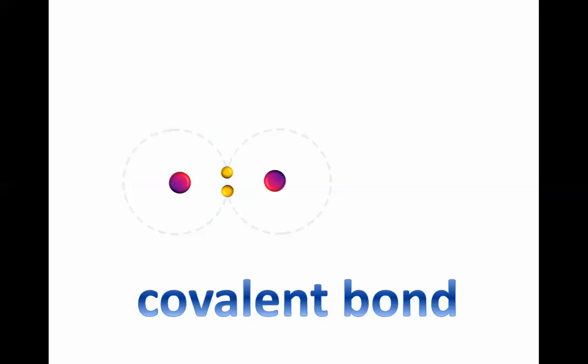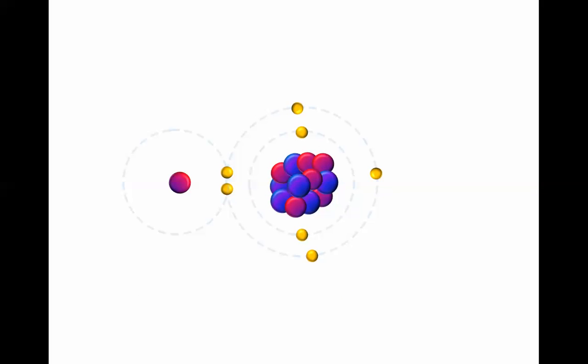Ionic bonds are formed by completely gaining or losing electrons, whereas covalent bonds, like we see here, are formed through sharing electrons. Here I have a similar situation, but instead of two hydrogens, I have a hydrogen and a carbon atom. The hydrogen has 1, 2 electrons in its innermost shell, which can only hold 2. It's happy, it has a full valence shell. However, the carbon has 1, 2, 3, 4, 5 electrons in its valence shell.